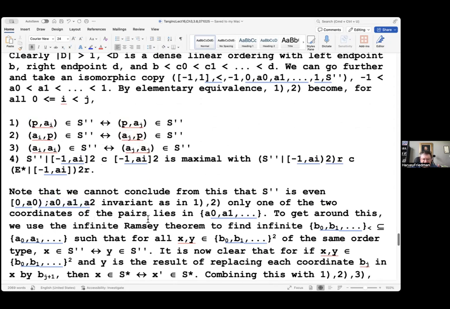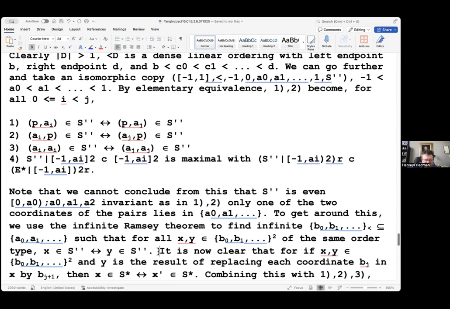We can use the infinite Ramsey theorem to cut back these A's, so that with any pair of the same order type, we have the if and only if, even the same order type, not just shifting. That's because of Ramsey's theorem for pairs.